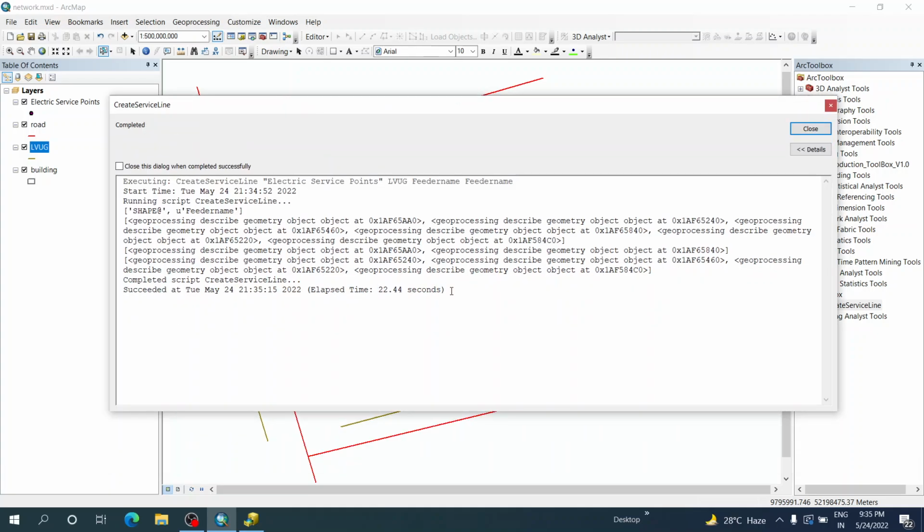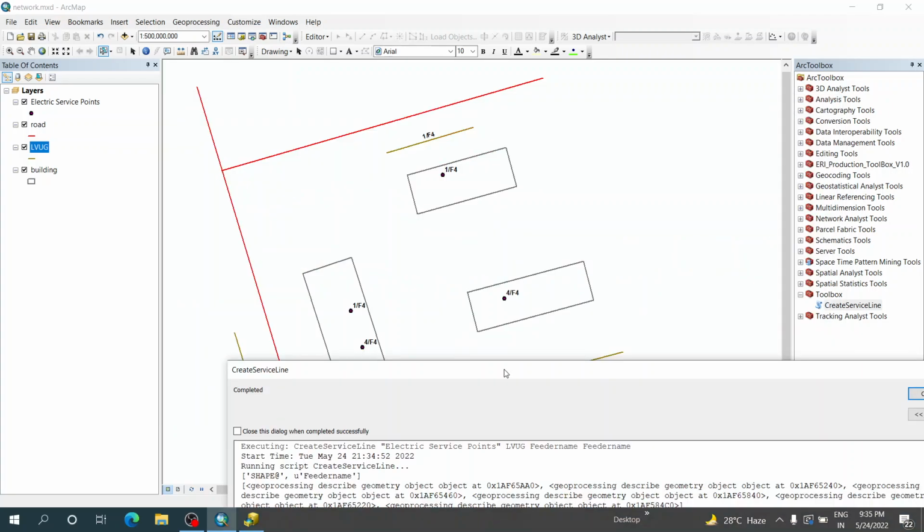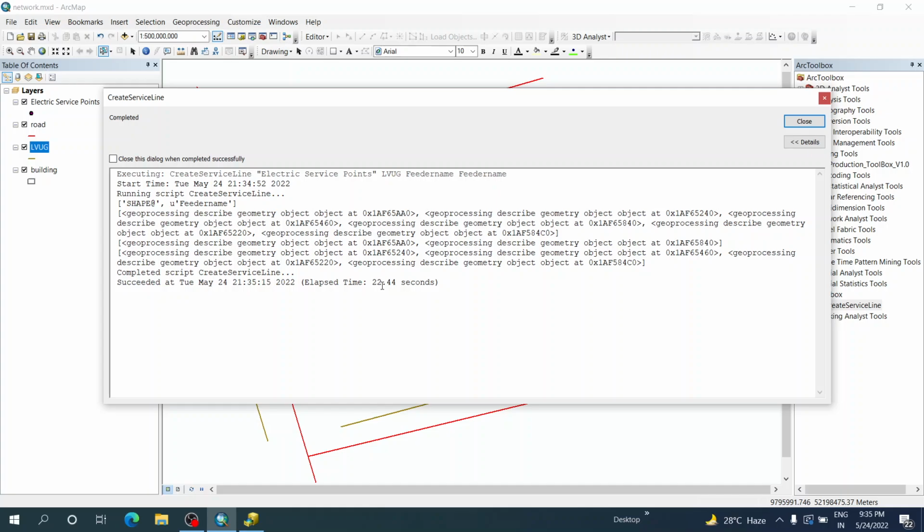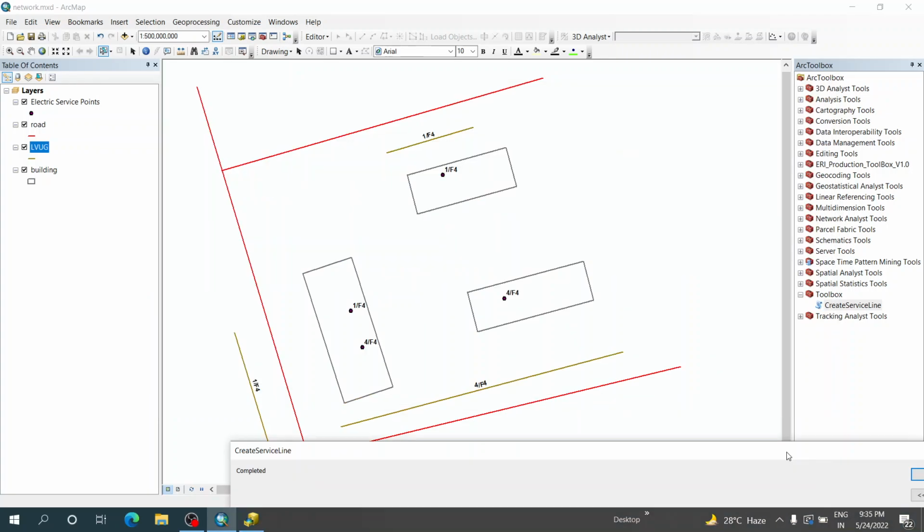It took a lot of time, and mostly when I tried it, it takes 2 or 3 seconds, but for some reason, maybe it took 22 seconds for 4 services.